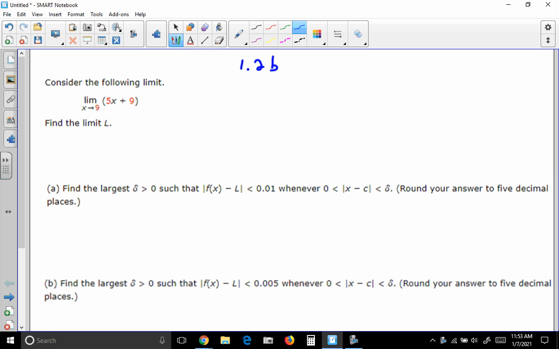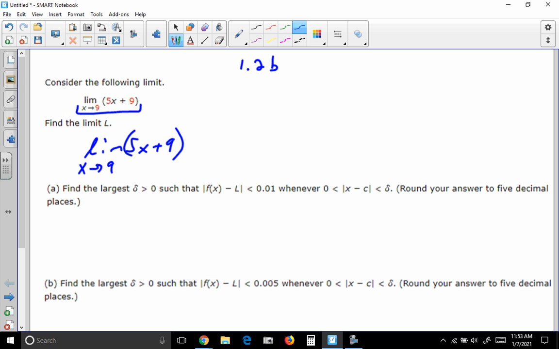So the first couple of problems deal with the definition of a limit, the formal definition of how we get a limit. So this one, they ask us, first of all, to find the limit of this function 5x plus 9 as x approaches 9. If our function is a polynomial, then it turns out that we can find the limit of that function by direct substitution.